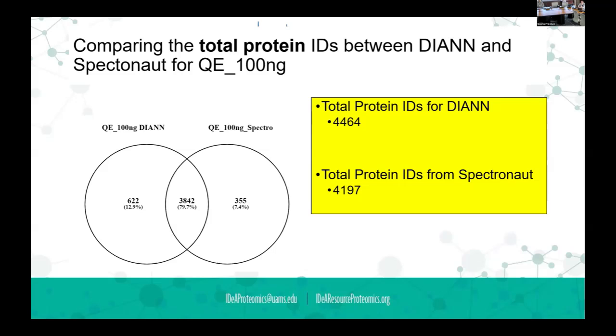Yeah, and I want to chime in on this. This is 100 nanograms on a QE, and the chromatography is not crazy. It's normal chromatography, not a 50-meter long column with 1 micron particles.